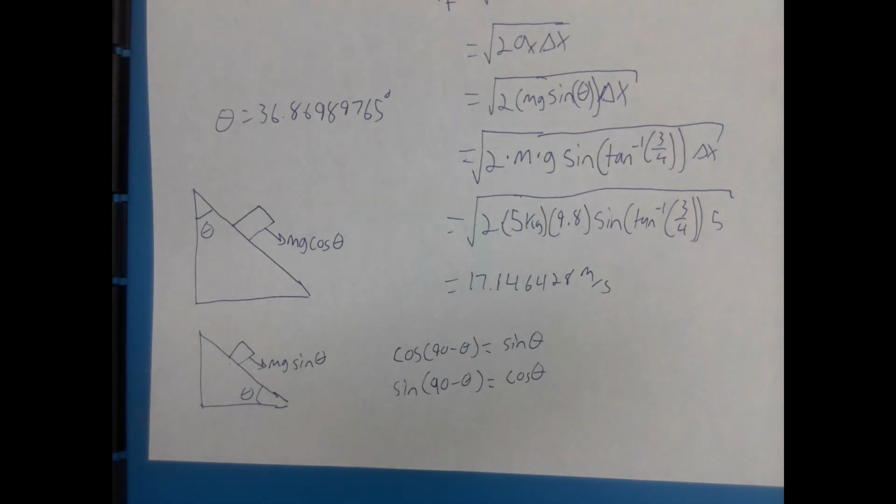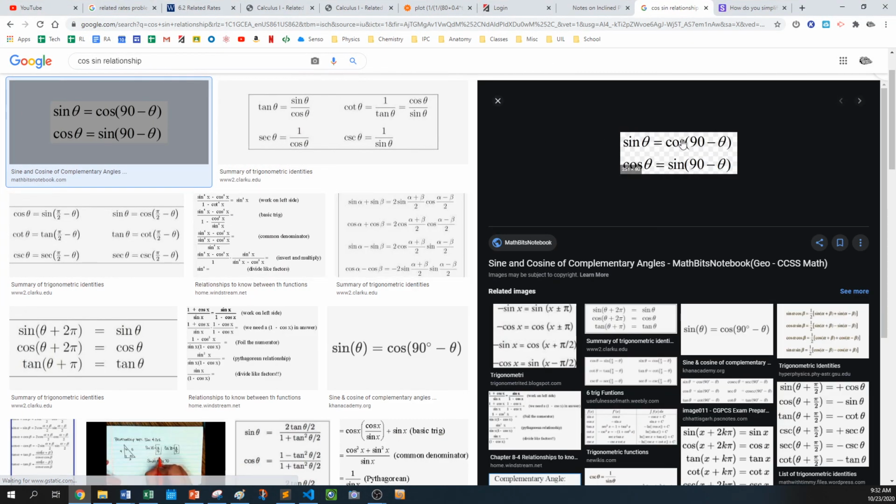Let me see. Yeah. Sine is equal to cosine of 90 minus theta, and cosine is equal to sine of 90 minus theta. Just some trigonometry stuff.